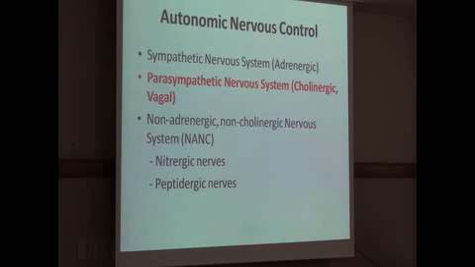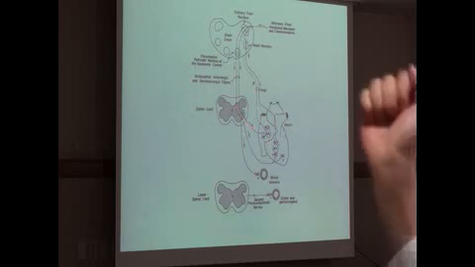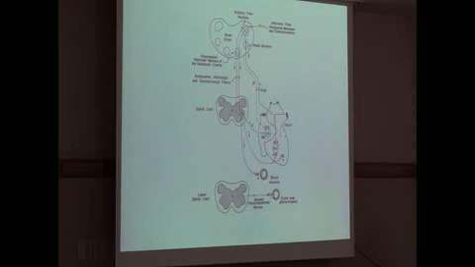Okay? Good. Next one is the parasympathetic nervous system or the cholinergic vagal system. Now, the vagal system is very important for cardiovascular control, but not for the vasculature. It is one of the key systems that regulates the frequency and the contraction of the heart, because there is a yin and yang between the adrenergic nerves and the cholinergic nerves.